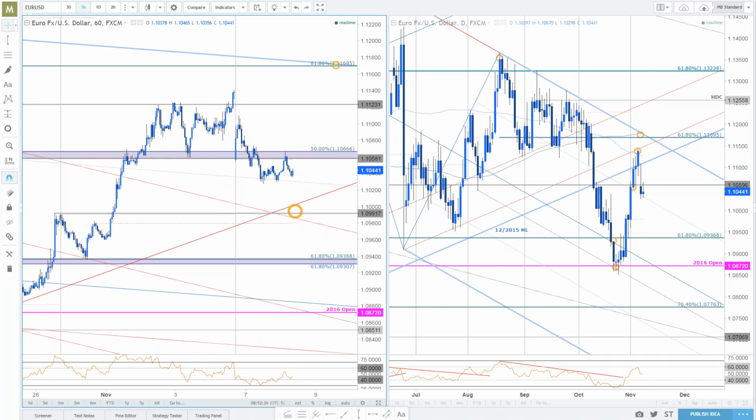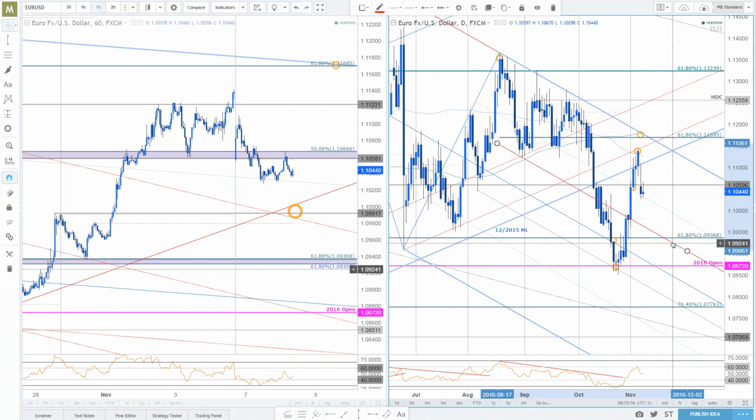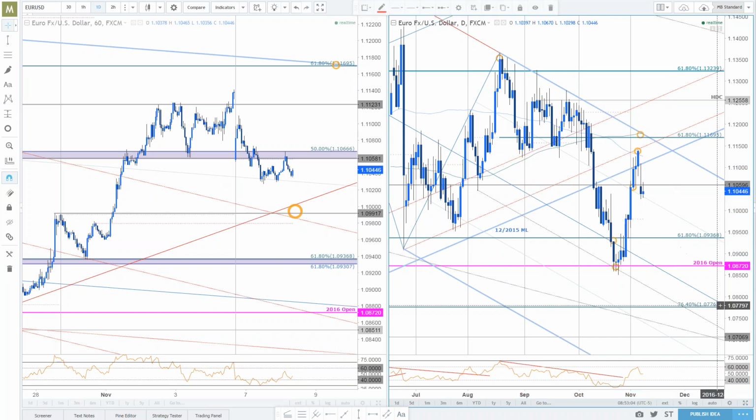Any questions on Euro Dollar? Tentatively looking lower for a position to get on the long side, trying to stretch into 111.70. 109.90, 109.80 being an area of interest.